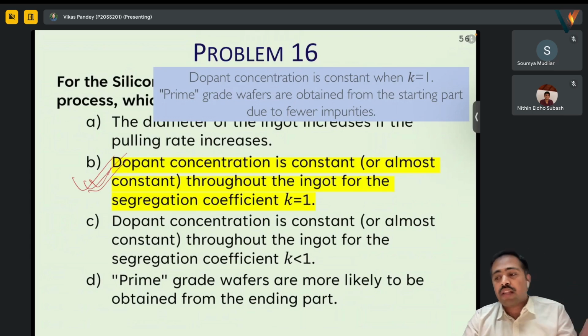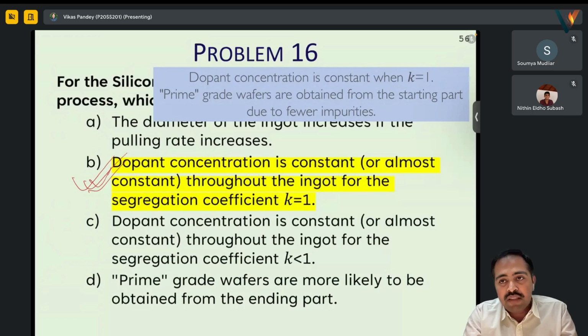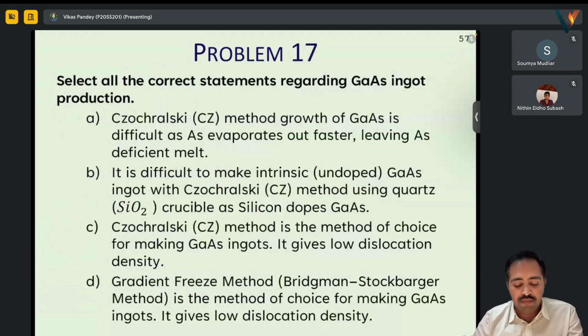Okay, select all the correct statements regarding gallium arsenide ingot production. CZ method growth of gallium arsenide is difficult as arsenic evaporates out faster, leaving an arsenic deficit melt, okay? It is difficult to make intrinsic or undoped gallium arsenide ingot with CZ method using a quartz crucible, as silicon dopes gallium arsenide, okay?